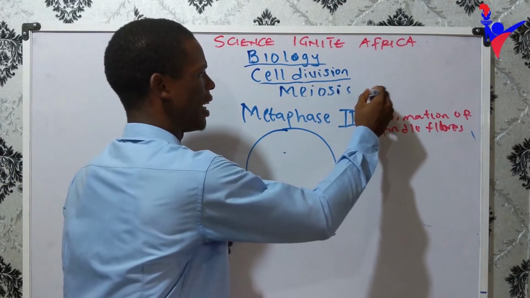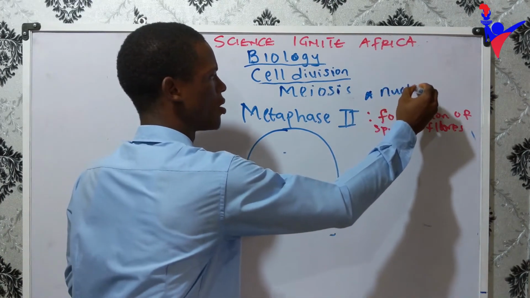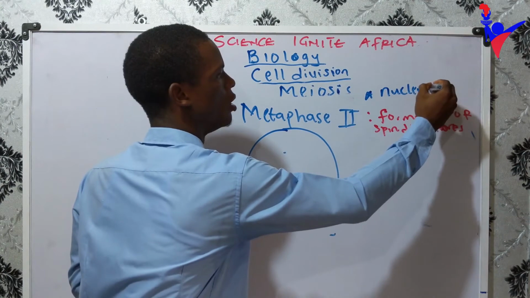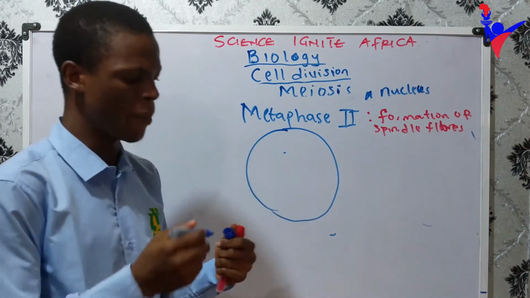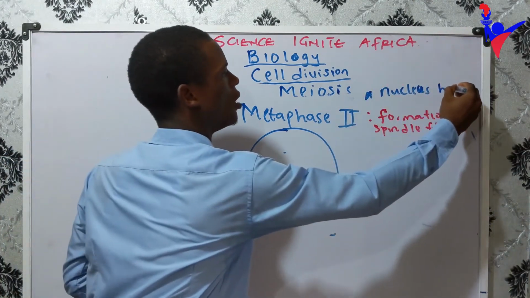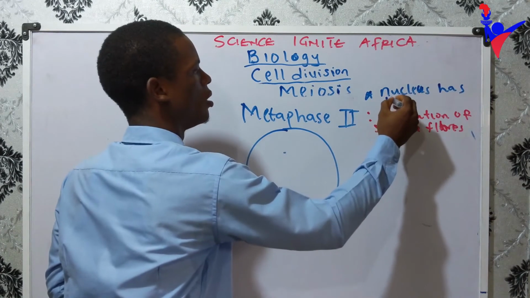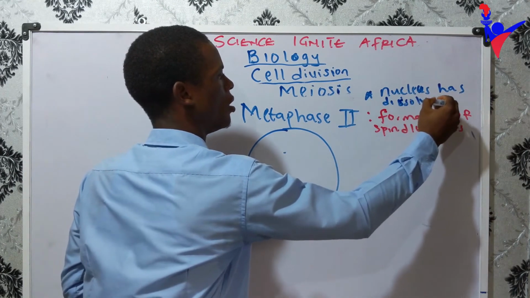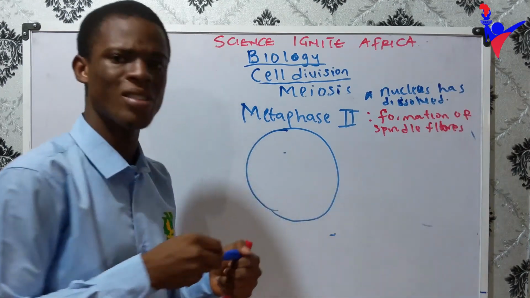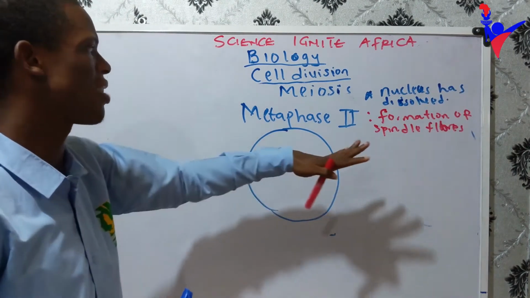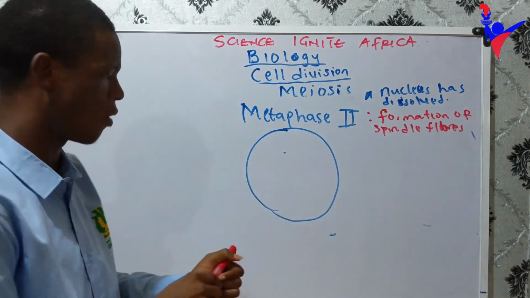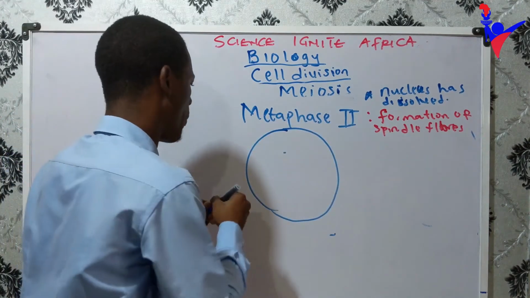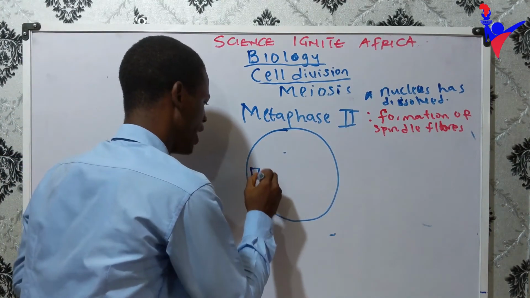You should also take note that the nucleus and its nuclear membrane have dissolved. So the nucleus has dissolved and you have the formation of spindle-like fibers. So what happens is this.